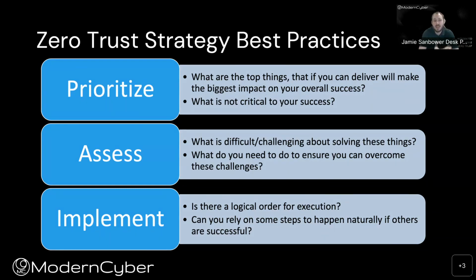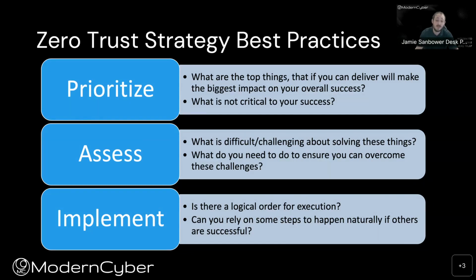The next big best practice here is around assessing what's difficult or challenging about solving those top things. And what do you need to do to ensure you can overcome those challenges? Are they organizational challenges where one team owns devices, one team owns firewalls, and they don't communicate effectively across the organization?